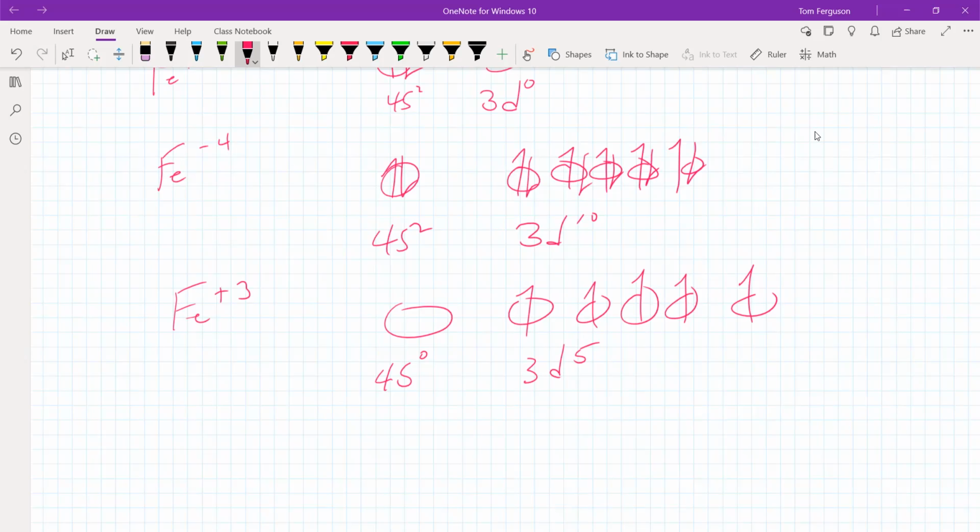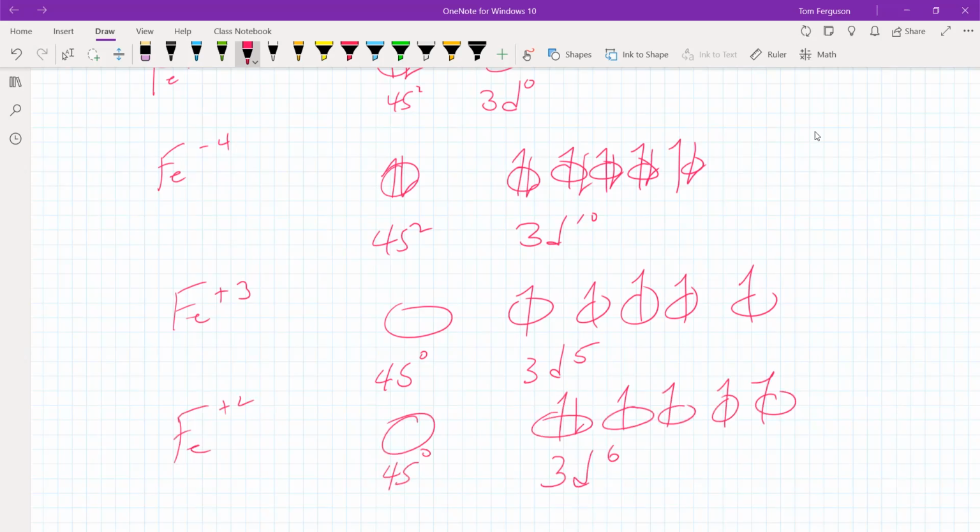Okay, what else? You mentioned losing the S's. That would be an Fe+2, so that would look like this. Between Fe+2 and Fe+3, which do you think is more stable?